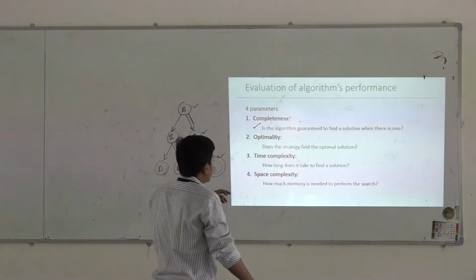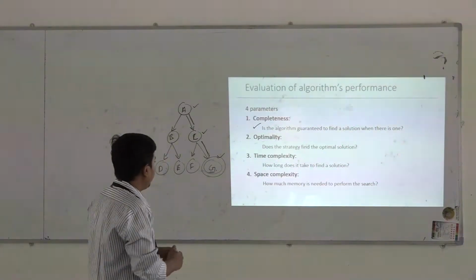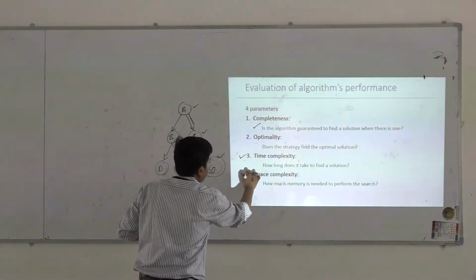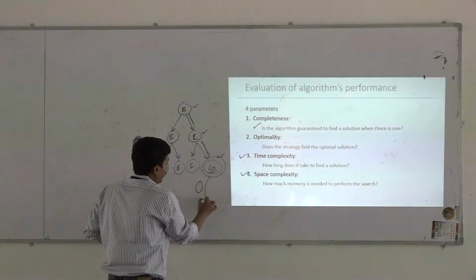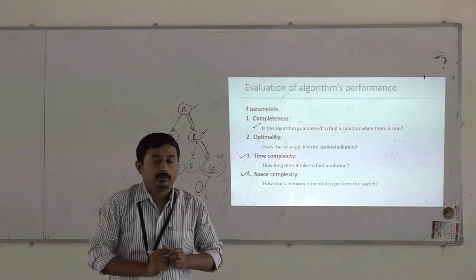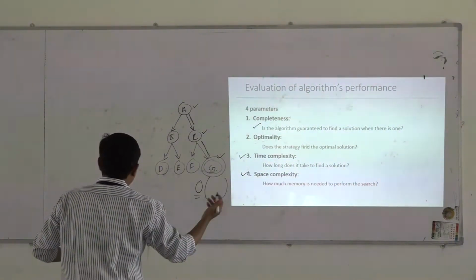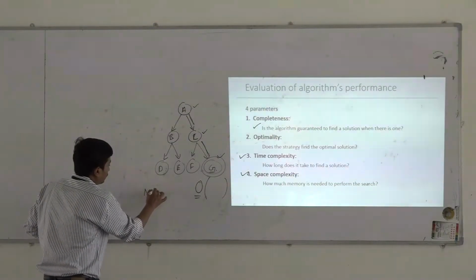Next one is time complexity. How much time your algorithm is taking. Then space complexity, how much space that algorithm is taking. Generally we measure time complexity and space complexity in terms of Big O notation, right? Let us consider sorting algorithms.